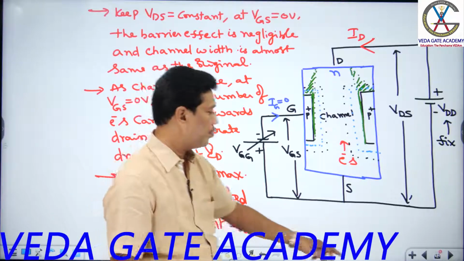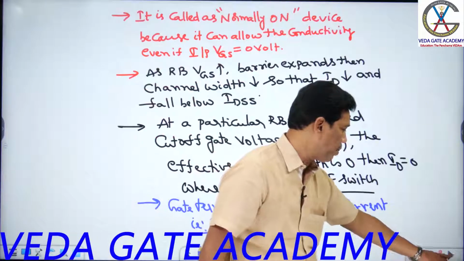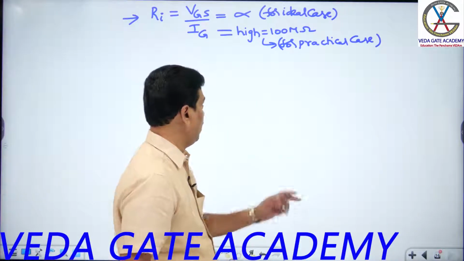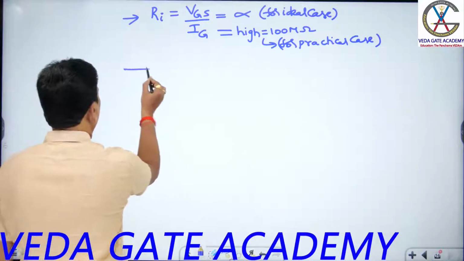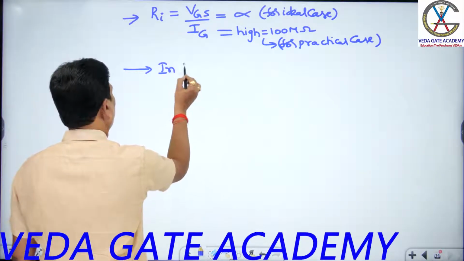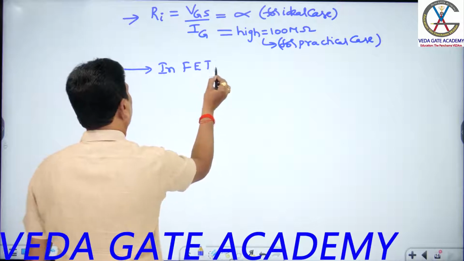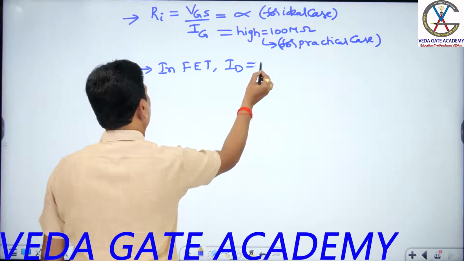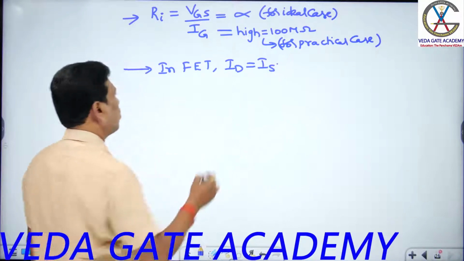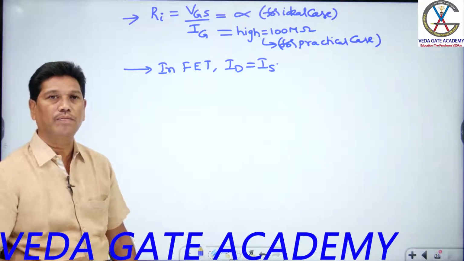Okay. So check out the characteristics of this again. What I told you is that finally you can say that in FET, ID equals IS, because gate current is 0.